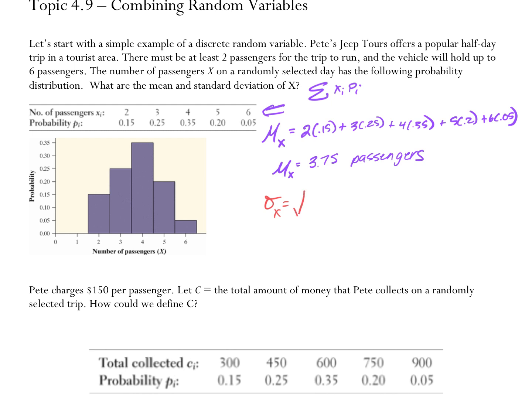We would find the difference between the number of passengers and the average, and then take that times its probability for that number of passengers.